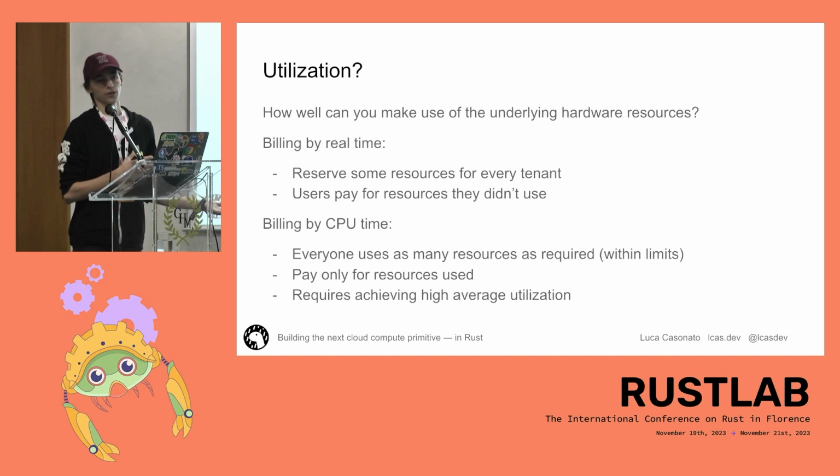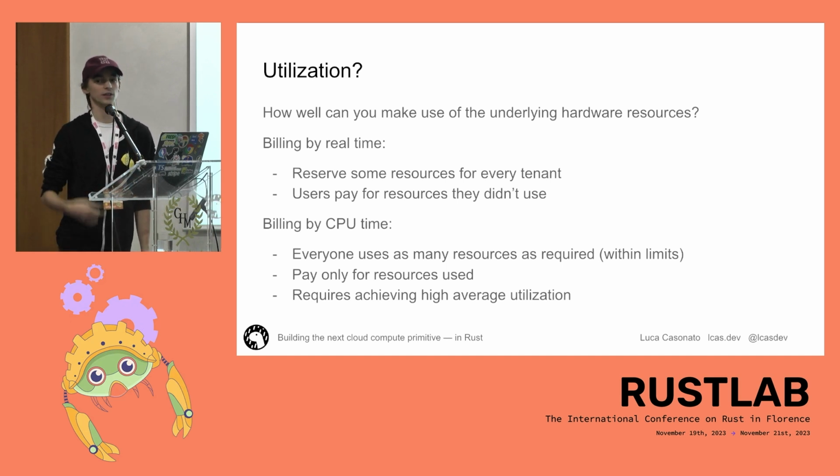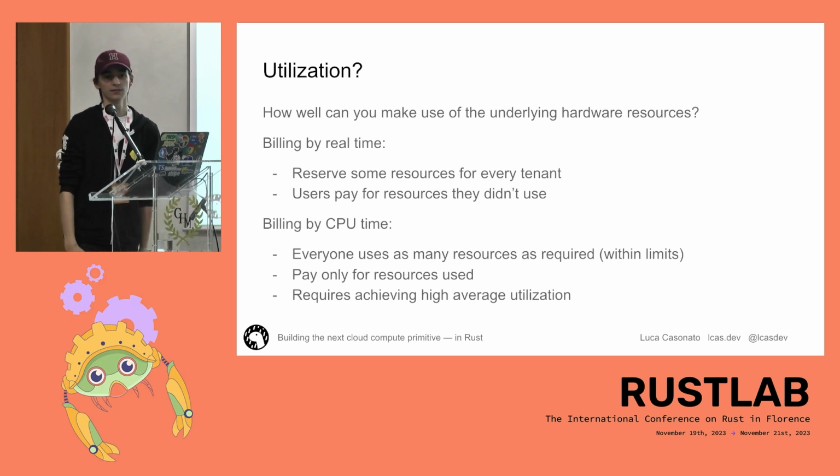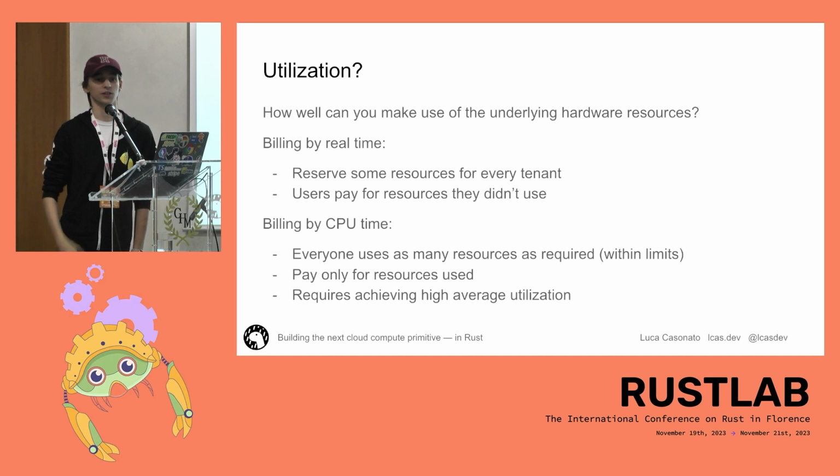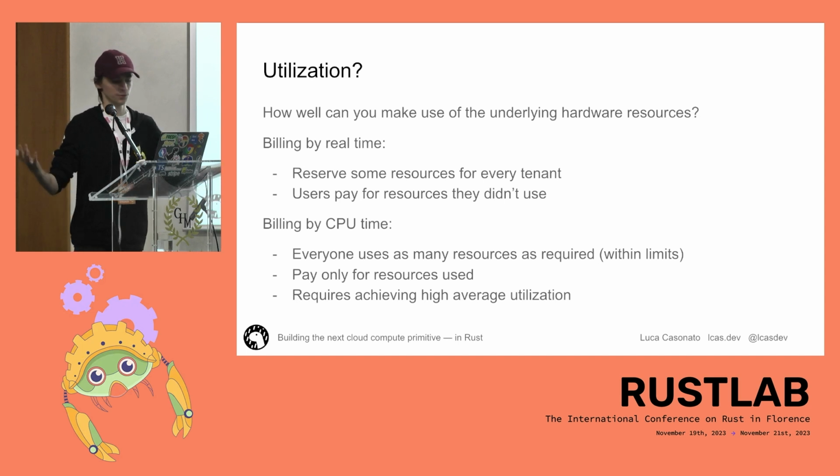There's another way you can pay, which is by CPU time. So by the amount of time that you're actually having the CPU do work, the amount of time that the CPU is spinning and doing something, right? This means that for work that is very intensive, like image processing, you're going to pay more than for work that is very simple, like adding two numbers, right?